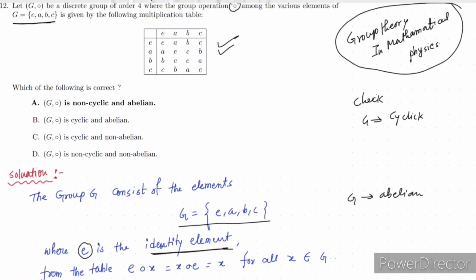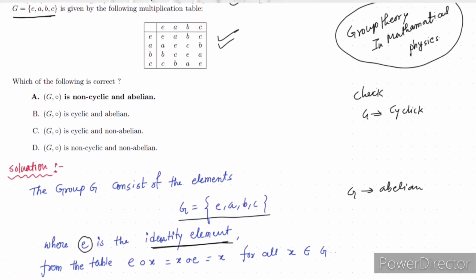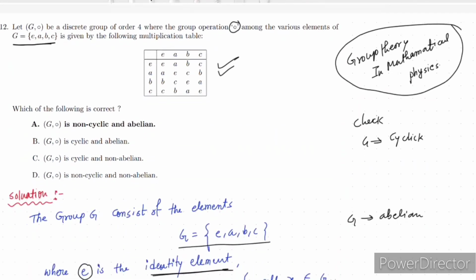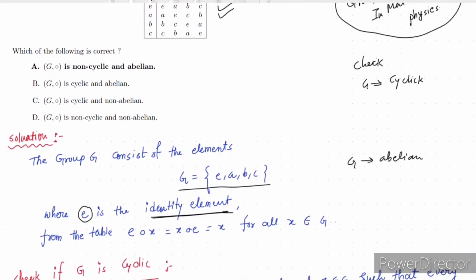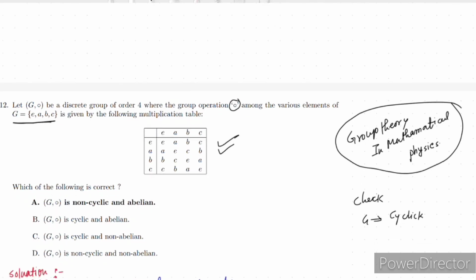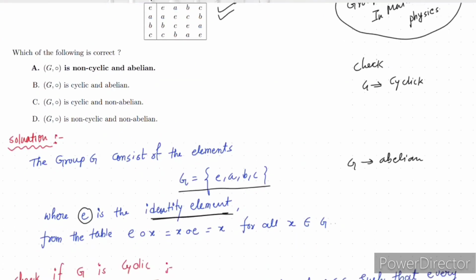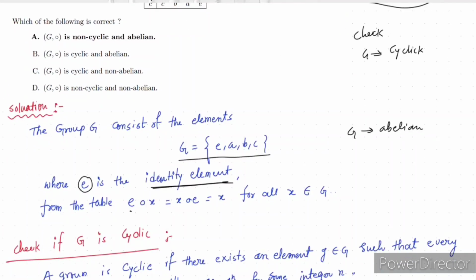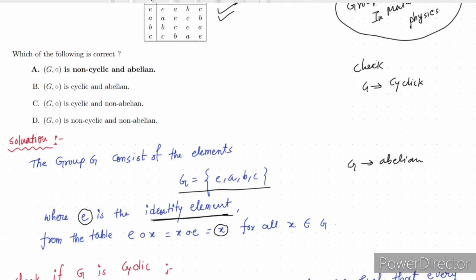From the table, E multiplied with X, and X multiplied with E, we always get X. How?